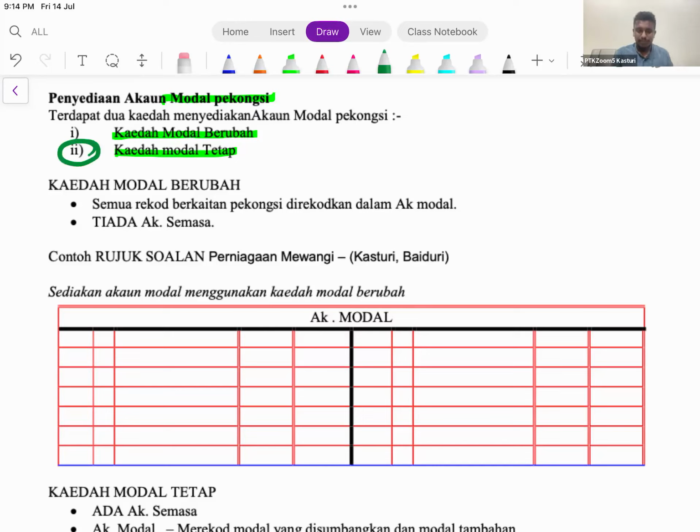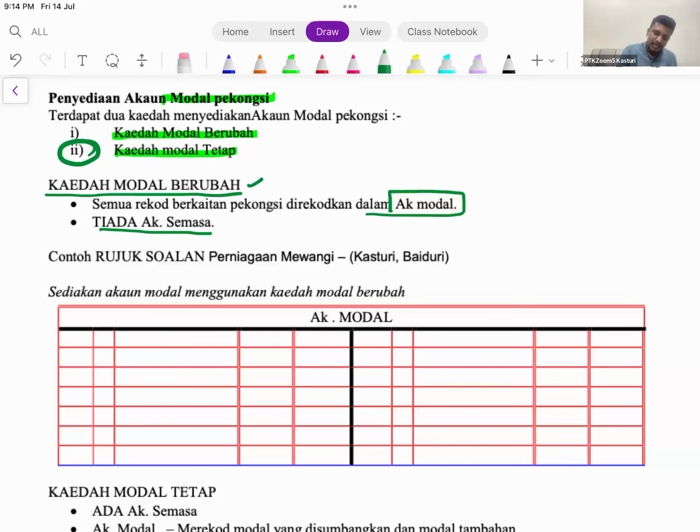Modal tetap. So we will do both, but the important one is the second one. Kaedah modal berubah adalah semua rekod berkaitan dengan perkongsi kita akan rekod dalam akaun modal. Dan kita tak ada akaun semasa. Akaun semasa memang tak wujud dalam kaedah modal berubah.